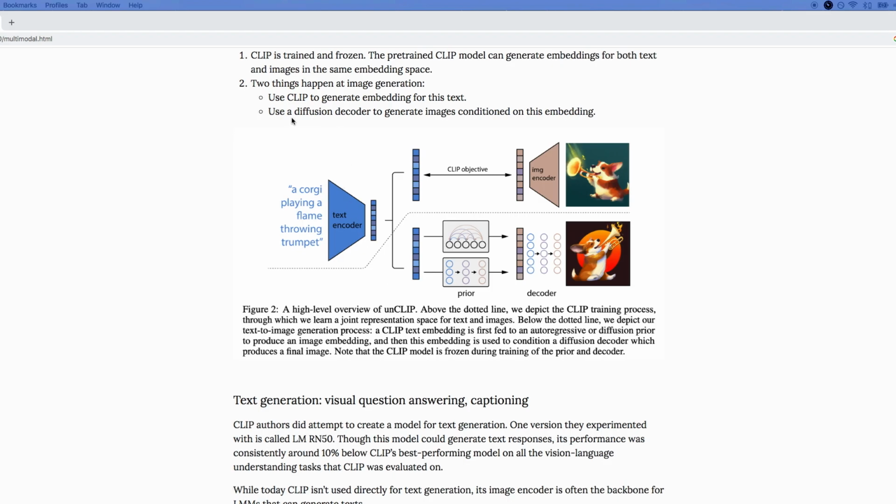It sounds like the high level is just using CLIP's text embedding, somehow fit into a diffusion model to generate image.